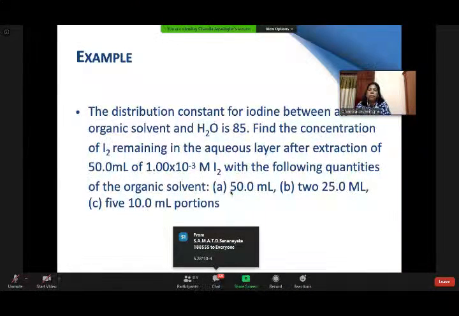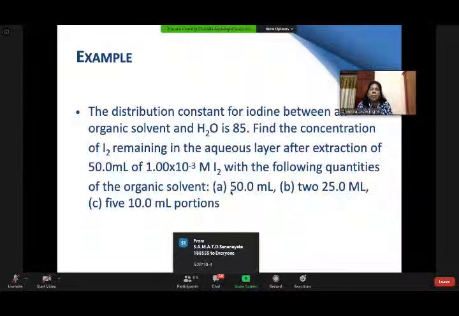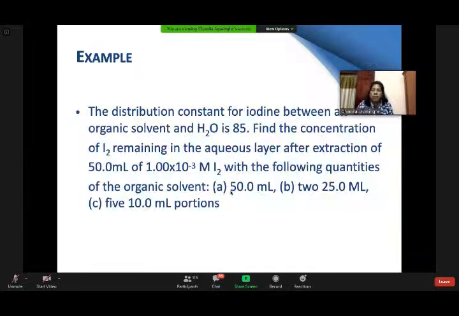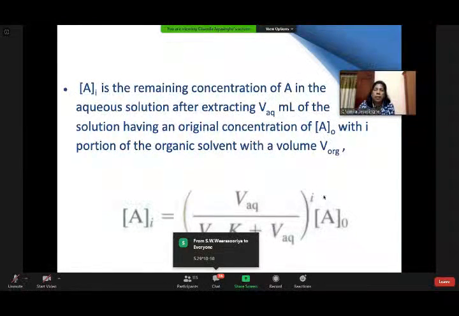Go to the 5 times 10 ml. When you are going to get the 5 times now, then in the equation here the I is 5.